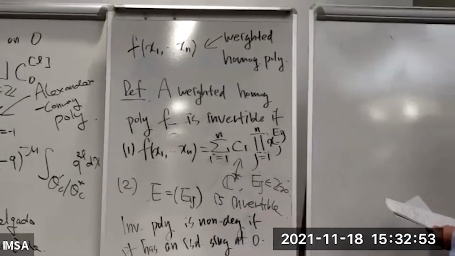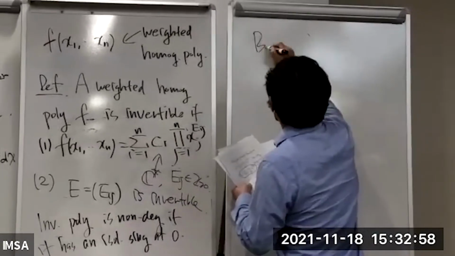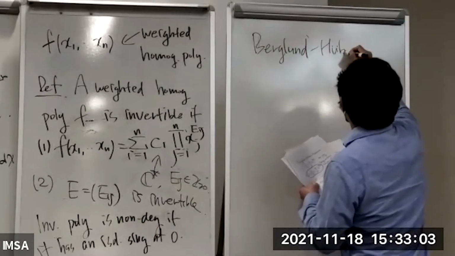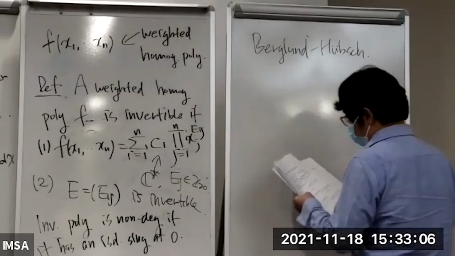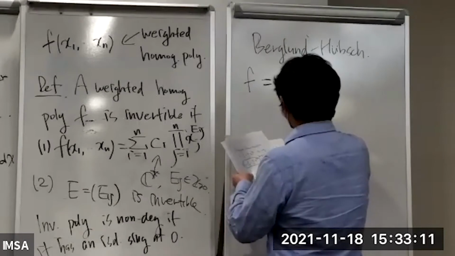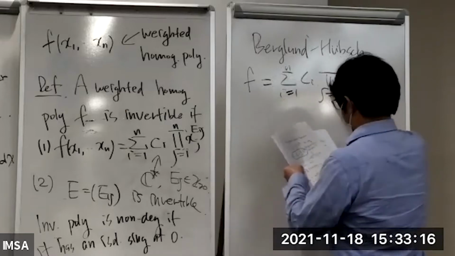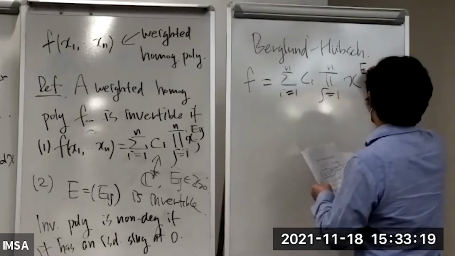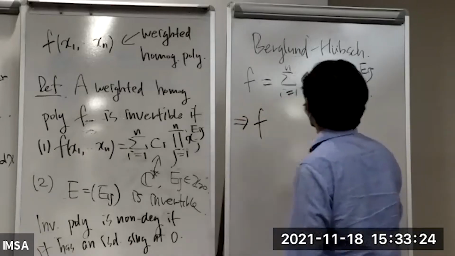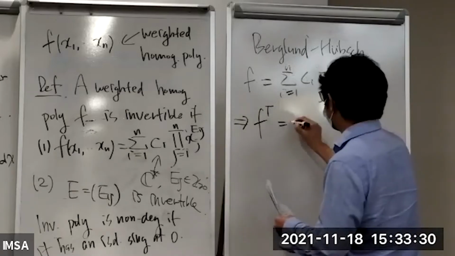there is a famous construction by Berglund-Hübsch. They claim that when f is an invertible polynomial like this one with exponents e_ij, then they define the transpose of this invertible polynomial in this way.